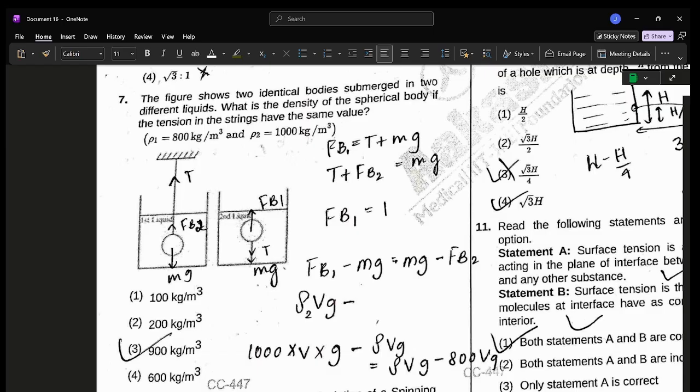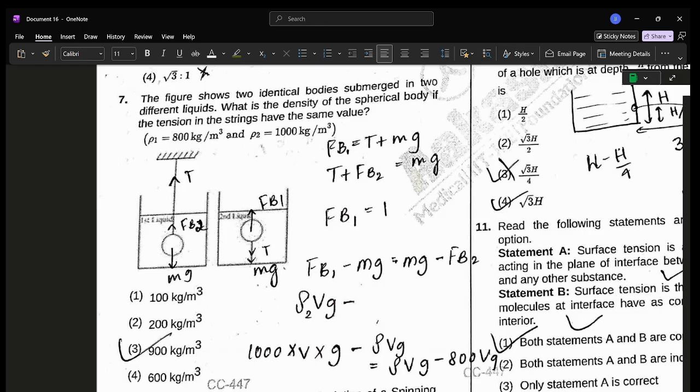Now, in the first liquid, the density is 800, and in the second case, okay, sigma 1, sigma 2, good, done. Now, in the first case, tension acts upwards, mg weight acts downwards, buoyant force acts upward.